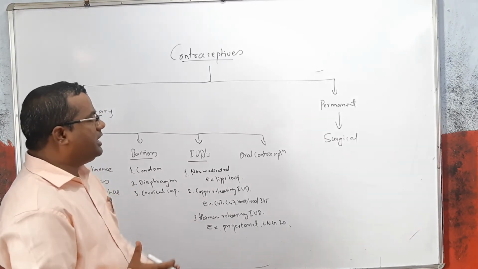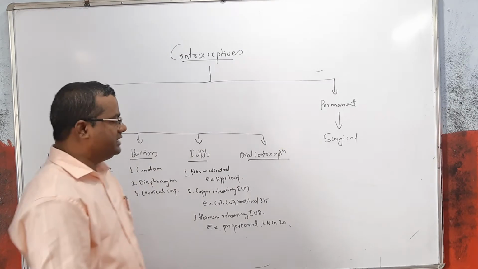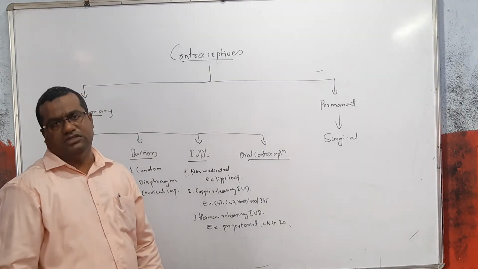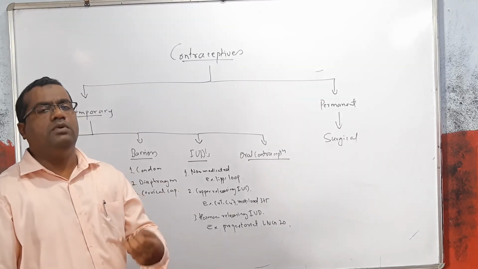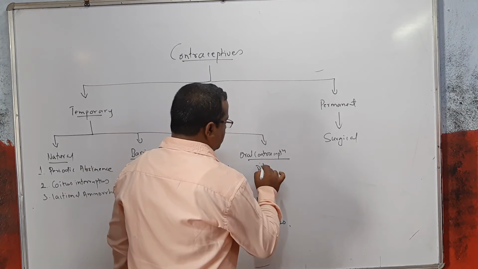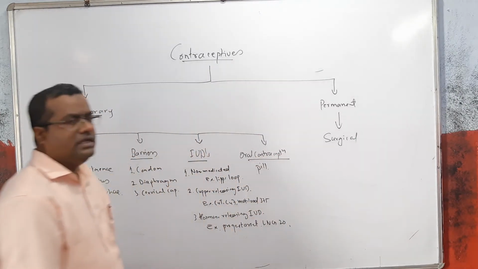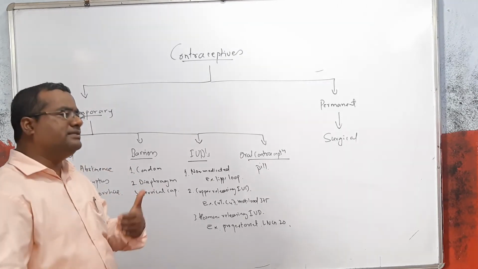Now after the IUDs there is another method for delay in the pregnancy, that is oral contraceptives. Oral means mouth. So there are some tablets, and those tablets are nothing but pills. If you take them, there is a hormonal imbalance.